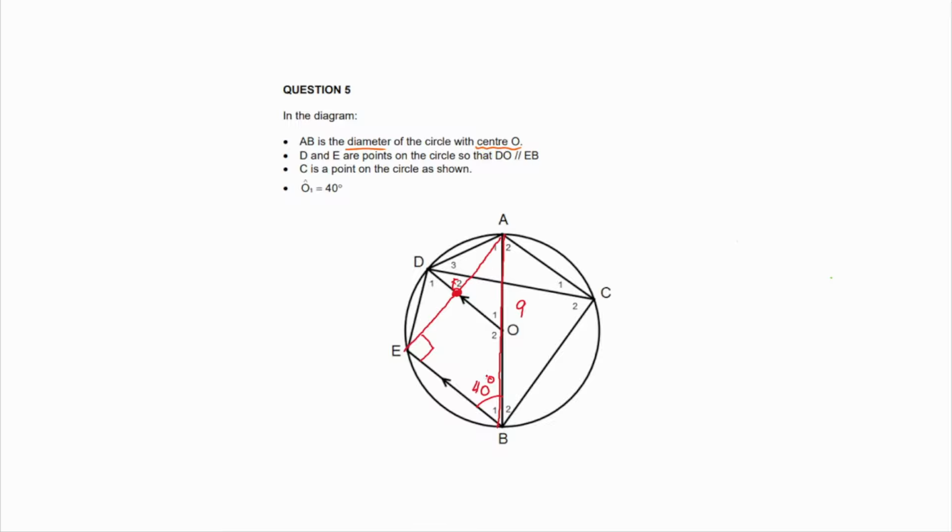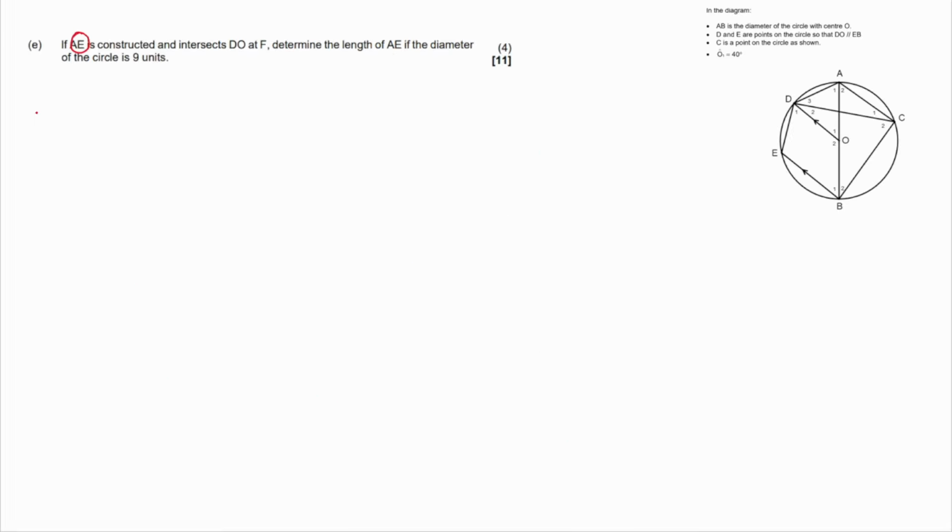So what we have here is we're trying to find the opposite and we have the hypotenuse. So what is that? We're going to use sine 40. Okay, but we do need to give some reasons. So we're going to be saying that angle BEA is equal to 90 degrees, and that's because of angles in a semicircle.